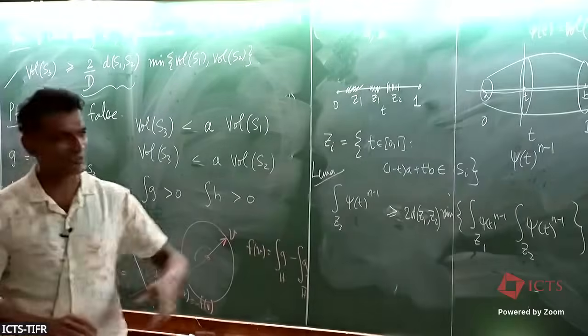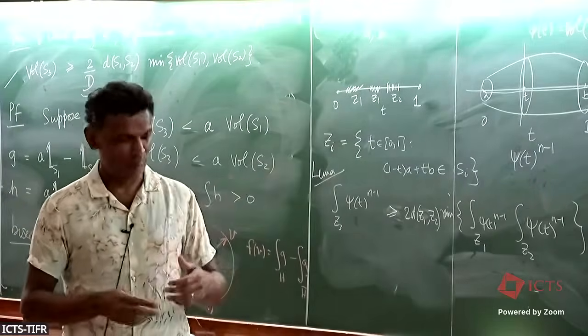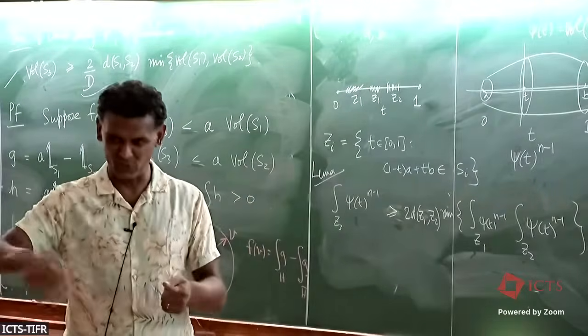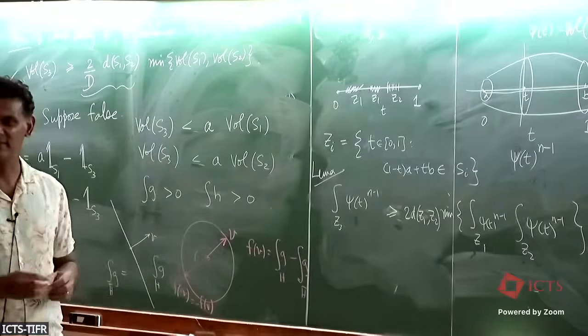And then you can work out by hand. And it turns out that for Gaussian, you actually get more than just the ratio. You get this square root log for small sets.